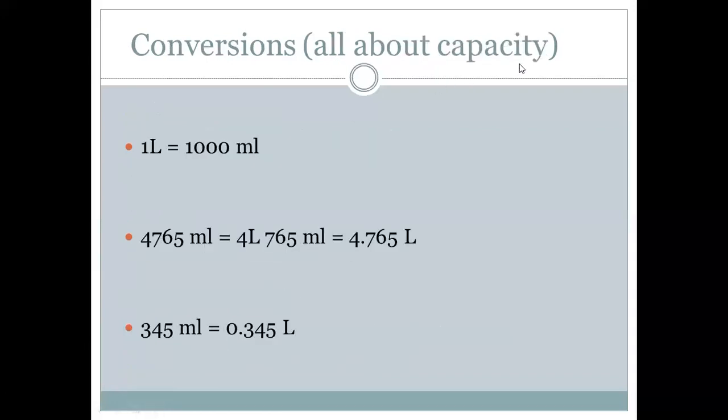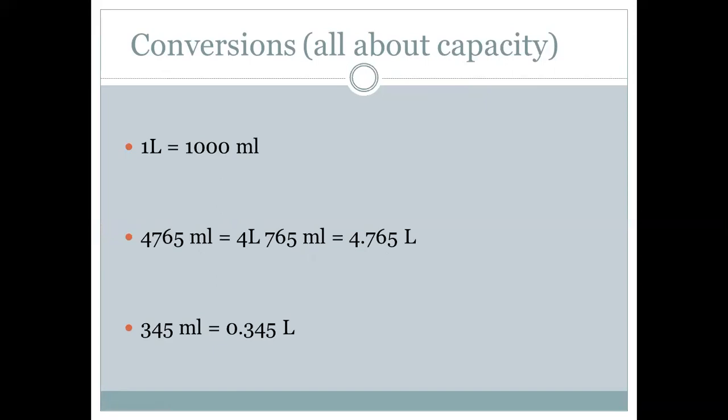All about capacity. Capacity is when I measure liquid things, like perfumes, water, juice. Remember when you told me about measuring melted chocolate? Again, of course, I measured in milliliters.